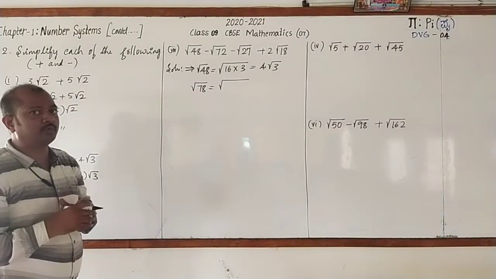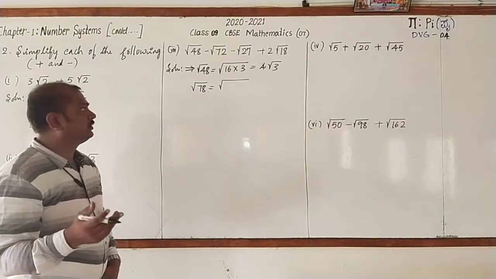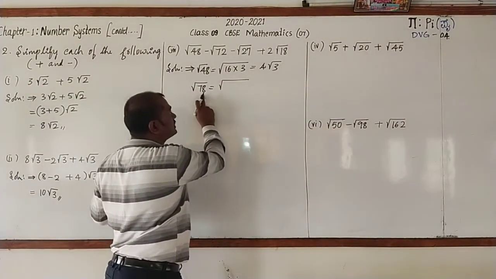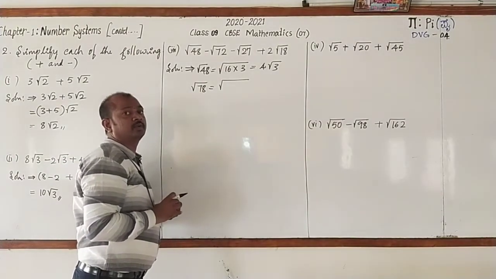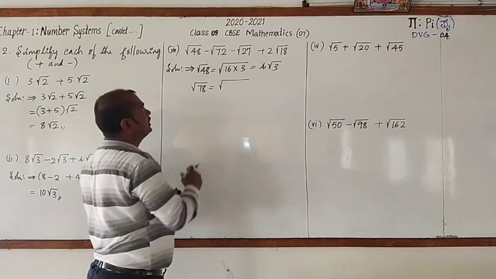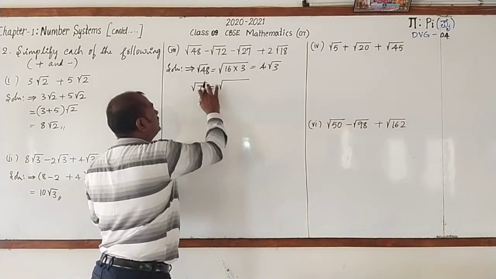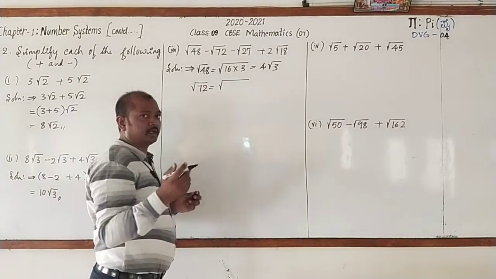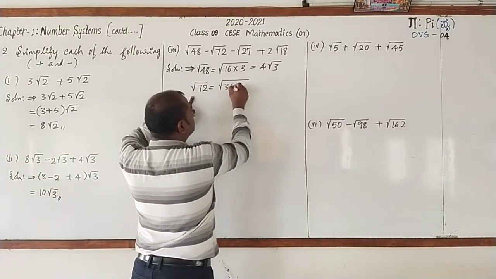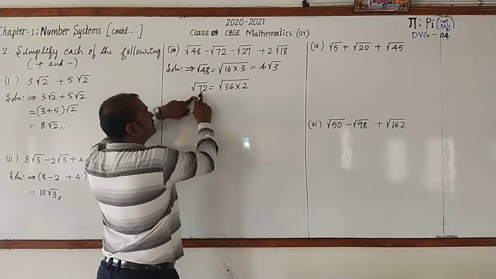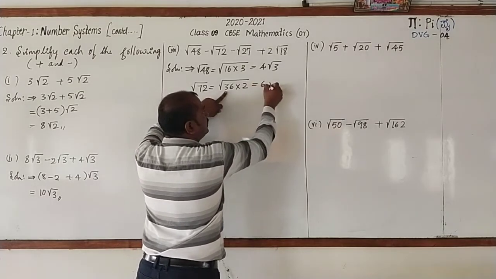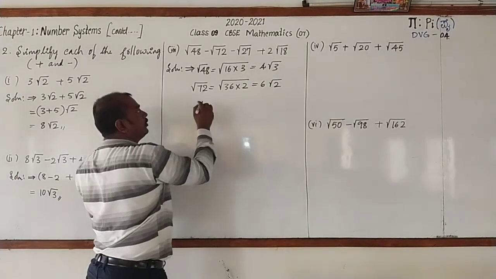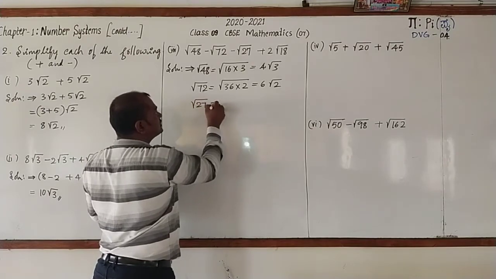Will you take 24 or 36? 36, 36 2s are 72. So you can write 36 into 2. Square root of 36? 6 into root 2.